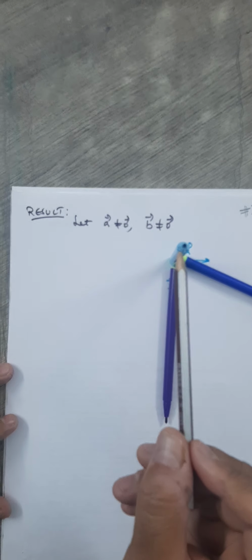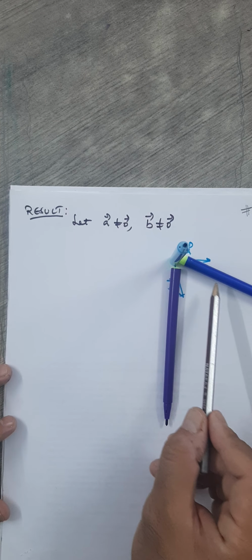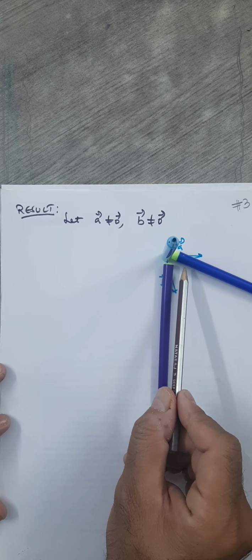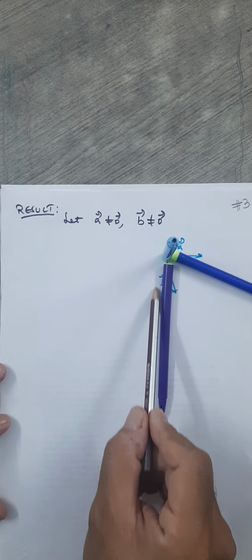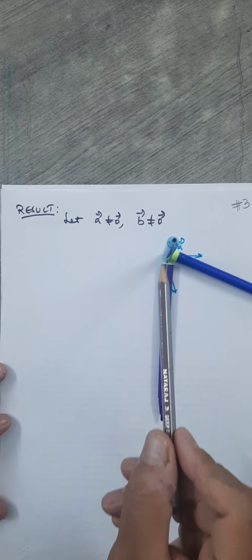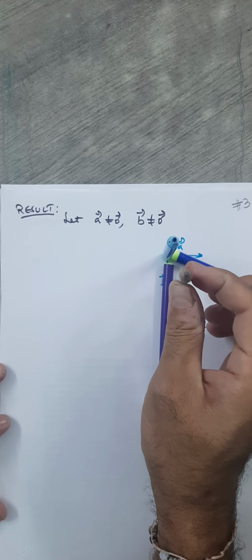So the direction of the cross product is always perpendicular to both the given vectors. So this is one vector, this is the other vector, then the vector which is perpendicular to both, the standing vector, represents the cross product.